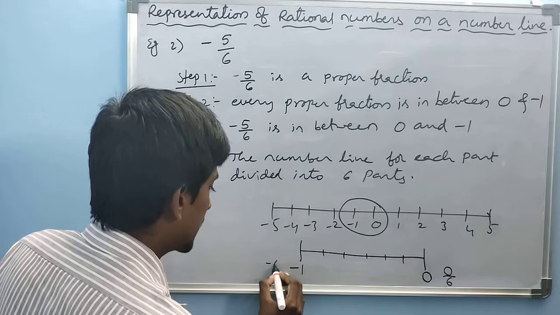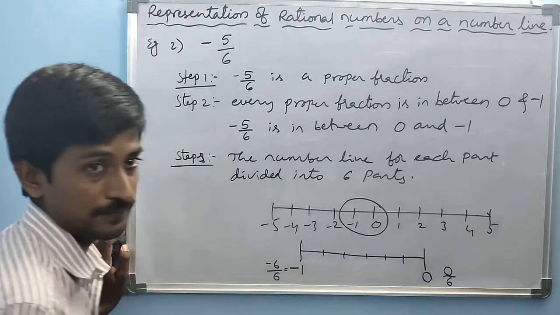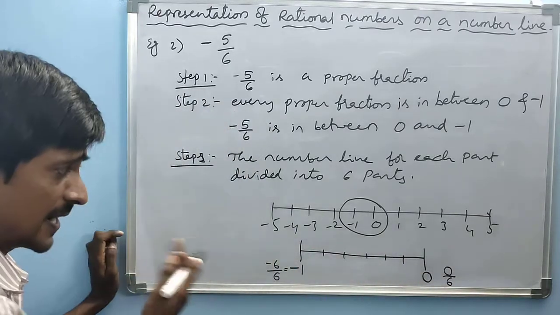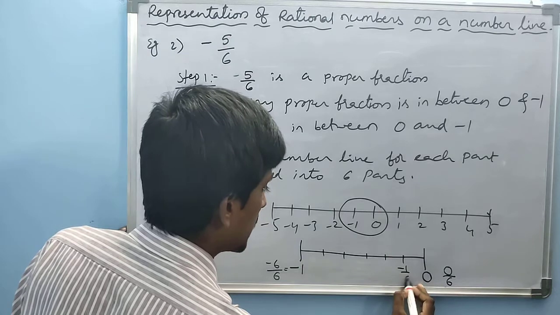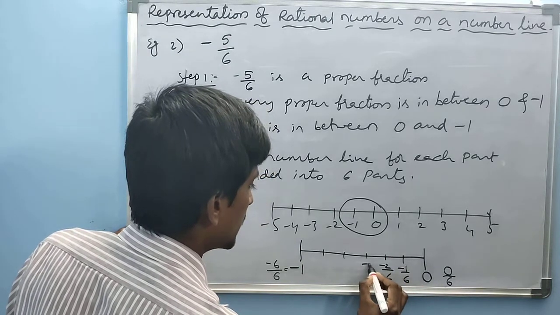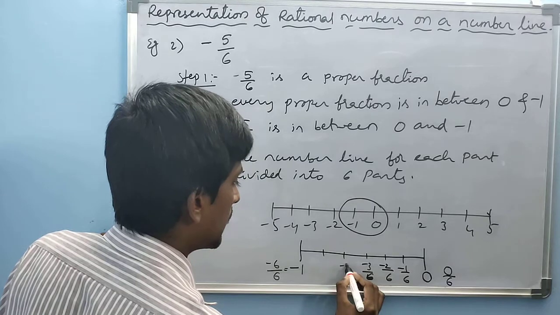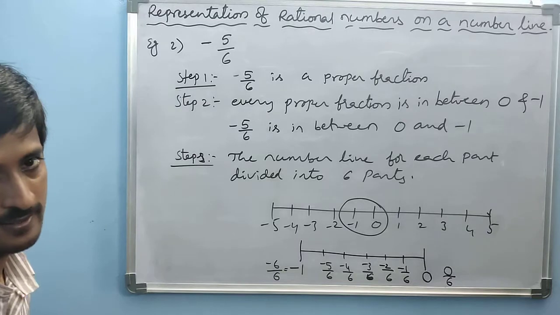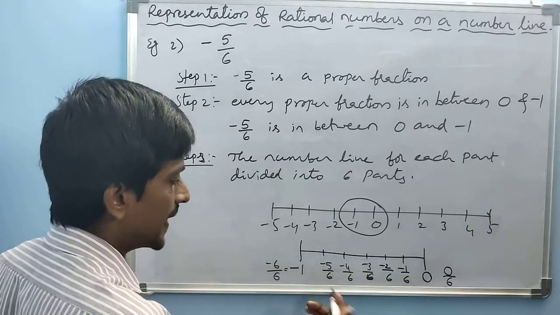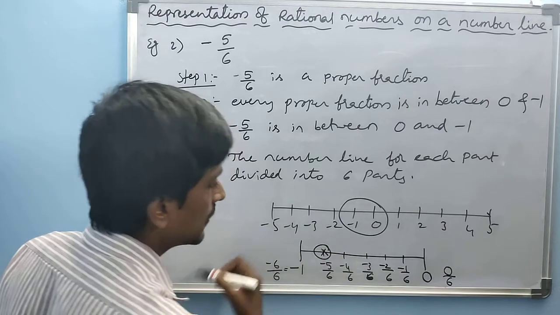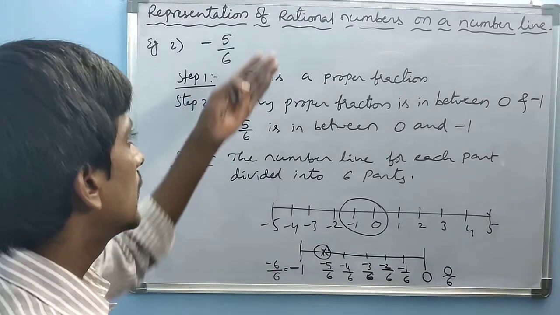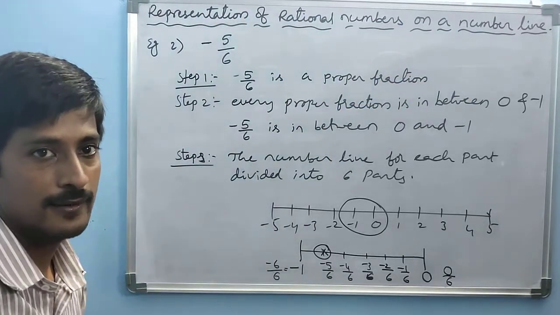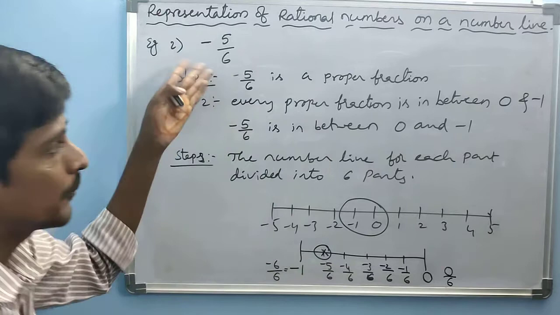Minus 1 can be written as minus 6 by 6. Write the left side negative numbers: minus 1 by 6, minus 2 by 6, minus 3 by 6, minus 4 by 6, minus 5 by 6, minus 6 by 6. Okay. Where is minus 5 by 6? This is the one. So, like that, the rational numbers representation on a number line. Is it clear?